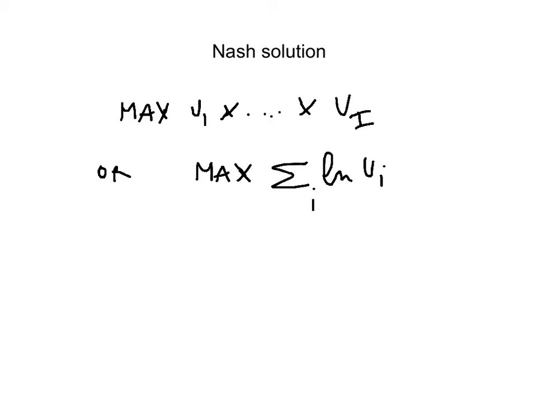Now, what is interesting is that the Nash bargaining solution, which maximizes the product of utilities, is the only bargaining solution which satisfies all of these axioms or properties that we've just looked at.